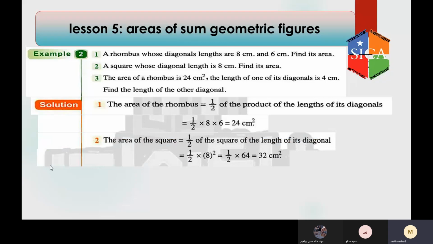The third one, the area of the rhombus is 24 square centimeters. Here he gave me the area, 24 square centimeters. The length of one of its diagonals is 4. Find the other diagonal. Our rule here is the area of the rhombus equals half times diagonal 1 times diagonal 2.